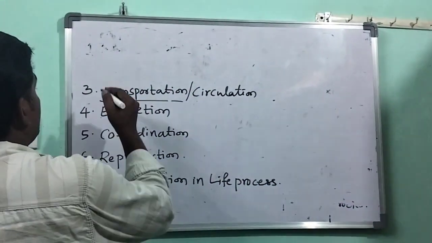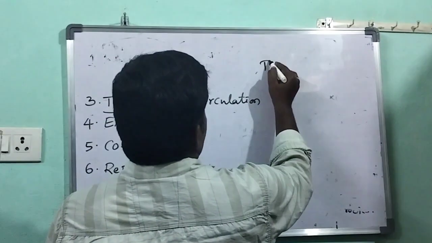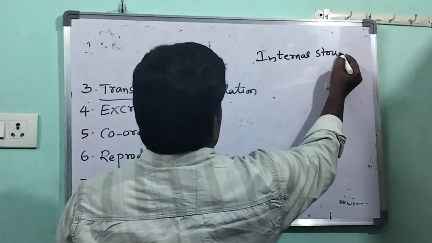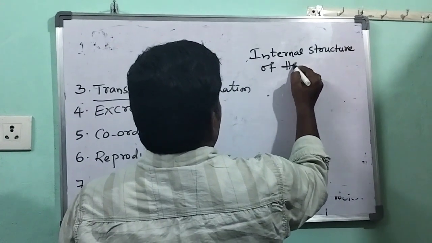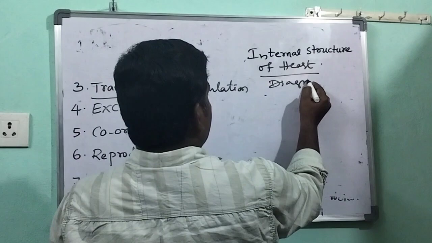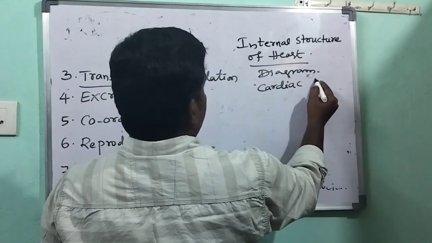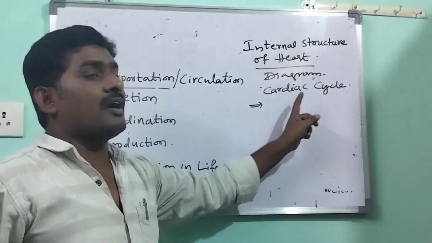In the transportation chapter, first the internal structure of the heart, explanation and diagram also. Then the cardiac cycle, what is meant by the cardiac cycle.